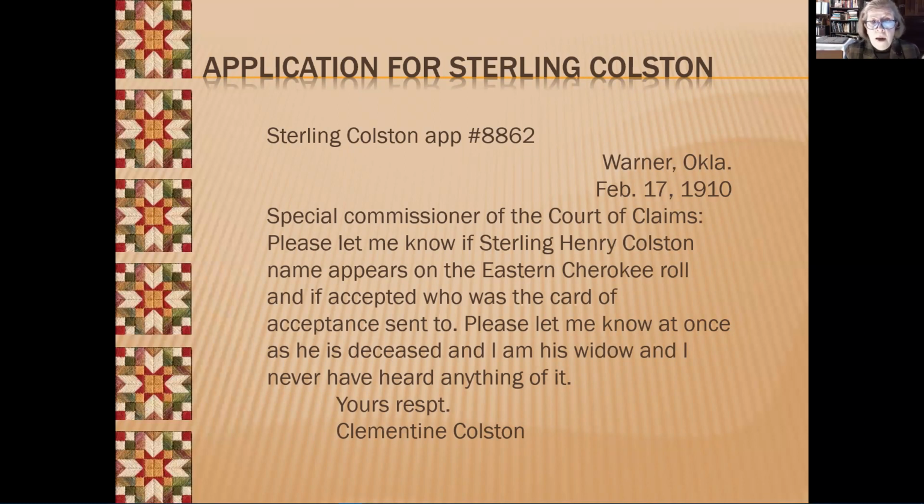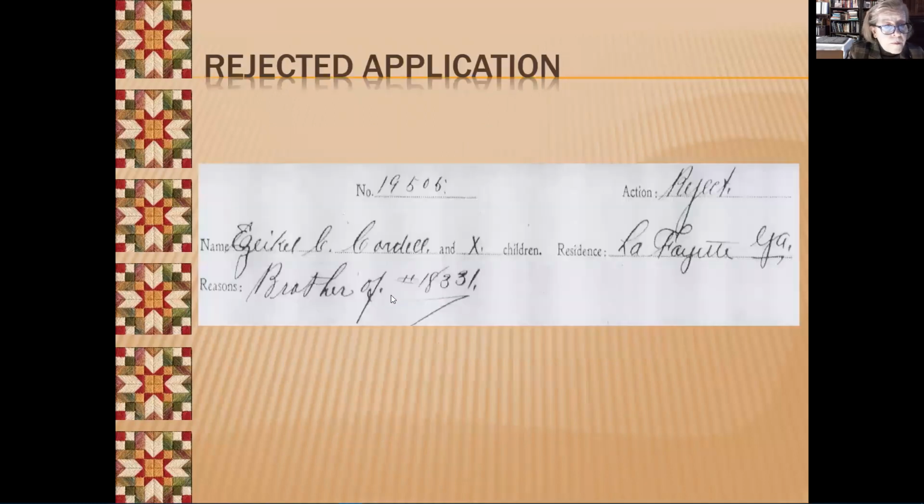And so sometime from the time that those letters were sent in to February of 1910, he passed away. And she's trying to find out what happened to his application. Okay, so that was an accepted or approved application.